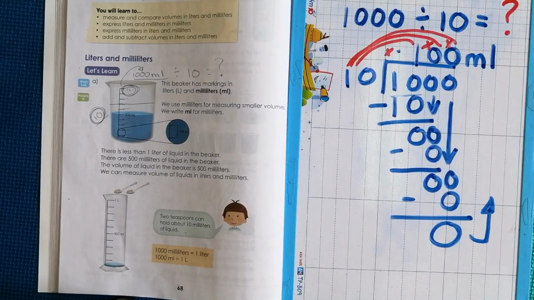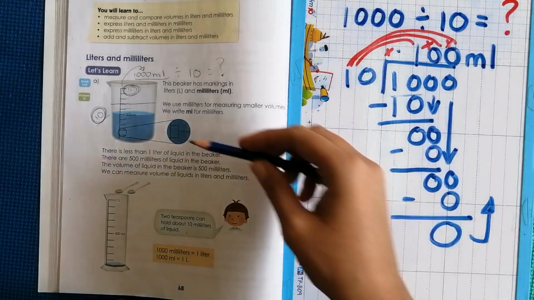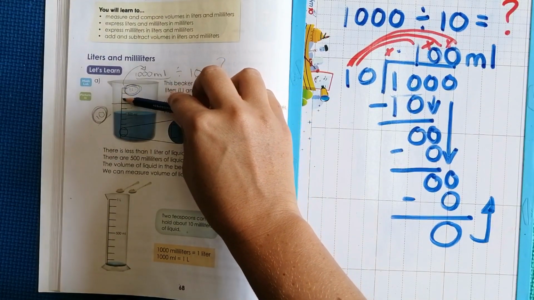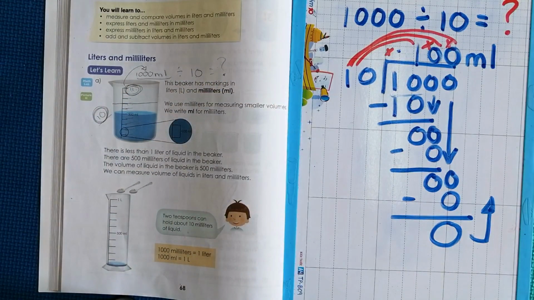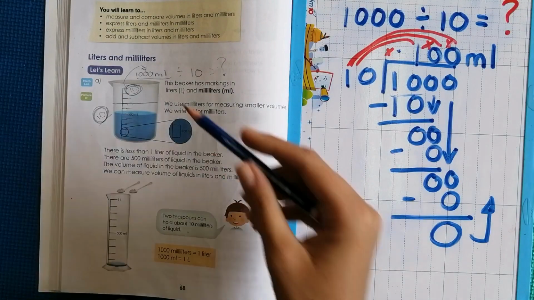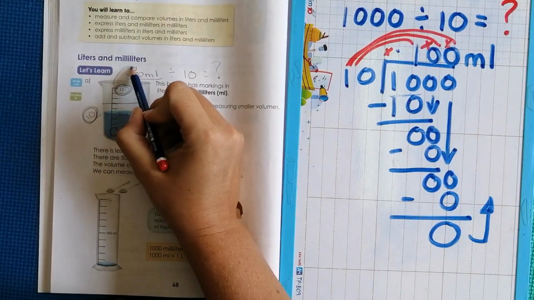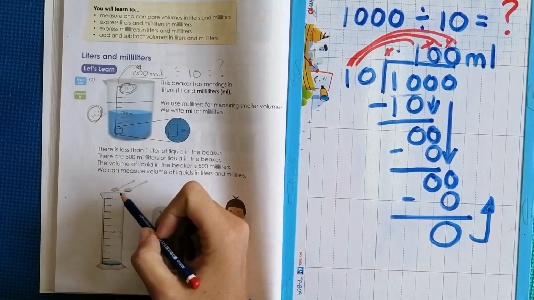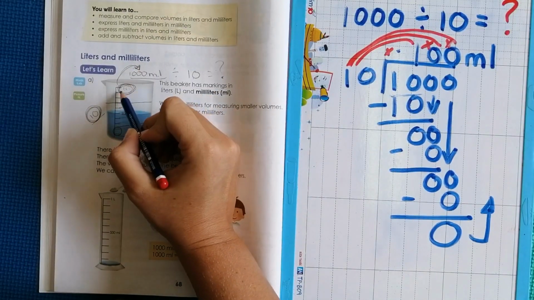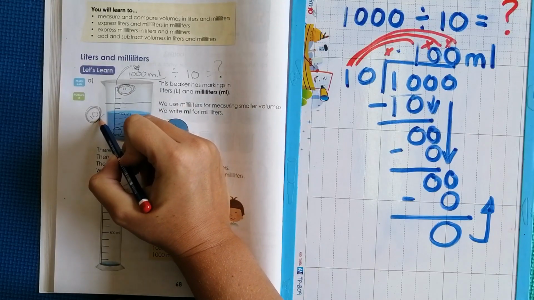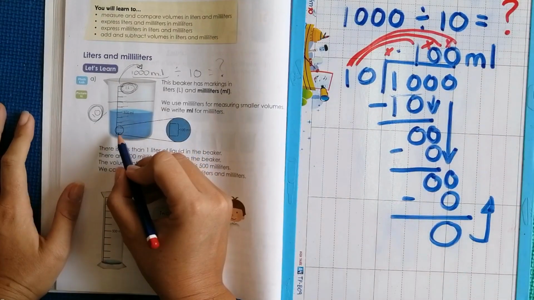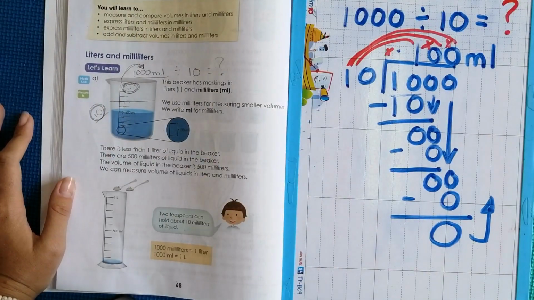So just to remind you, if we get a beaker that is not labeled at every single line, then you need to take the top number, convert it to milliliters, count your lines, then divide your top number by the amount of lines, and that will tell you how many milliliters each of these little lines are.